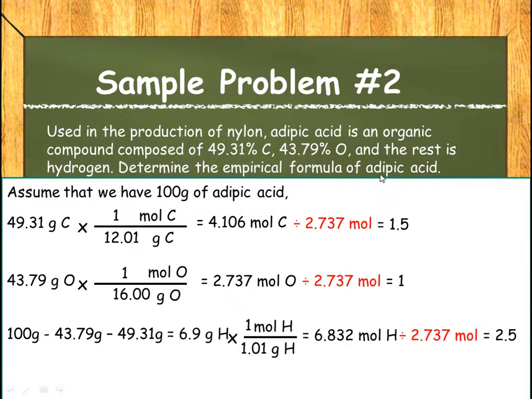Now, these are not whole numbers. I'm going to say this again: do not round this up or down. Make sense? Because 1.5 is too big of a gap to jump up or down.